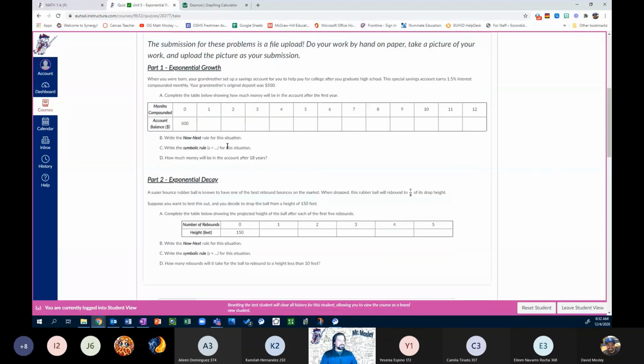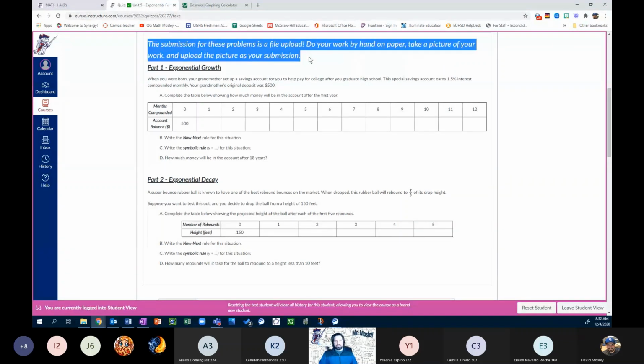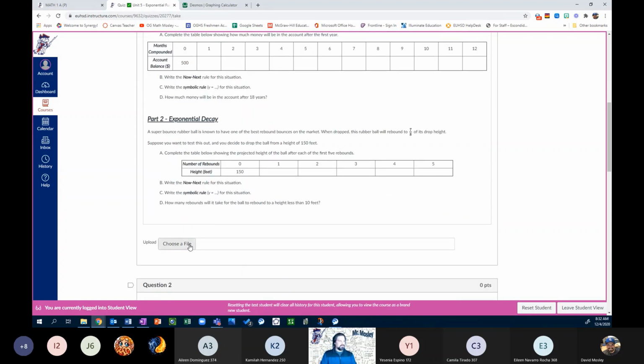For this free response question, the submission is a file upload. So just do your work on paper, or if you want to do your work in Microsoft Word or a Google document and add pictures into that, you can do that. However, the submission will be uploading your file, right?